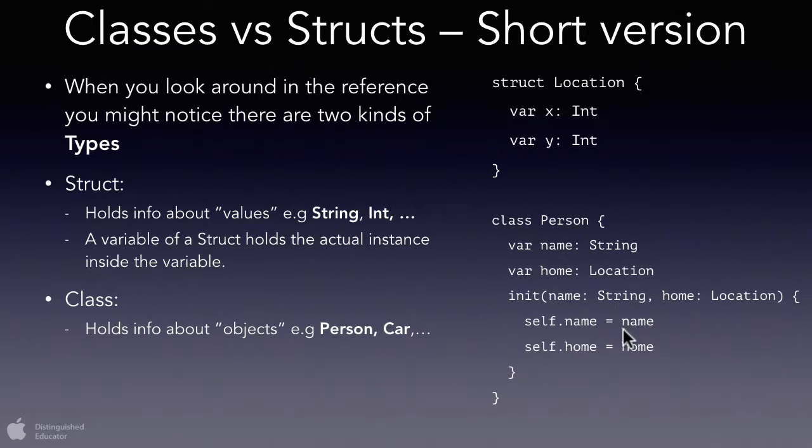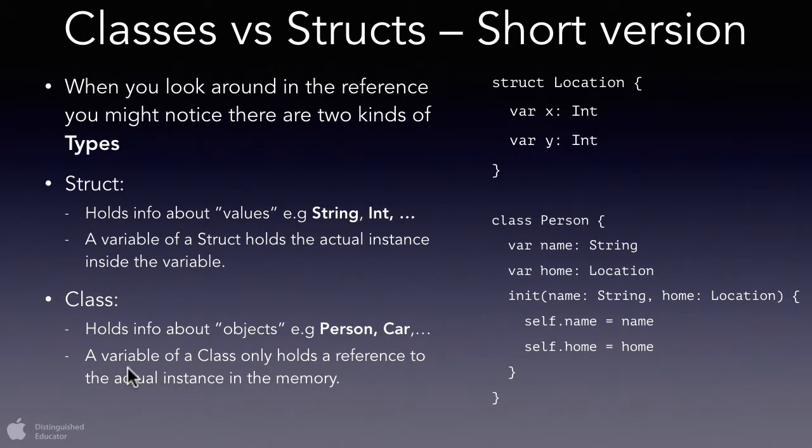When you initialize, you put this value into this. It works in a similar way with a struct, but here we don't have to write the initializer. It will work the same, but we don't have to define it. When we do a class, we have to define the initializer. We'll get back to this and talk about this really in depth later on, but just to get a hang of it, I'm telling you right now.